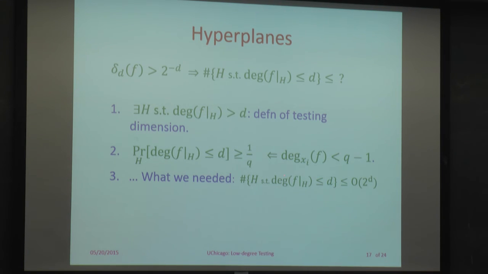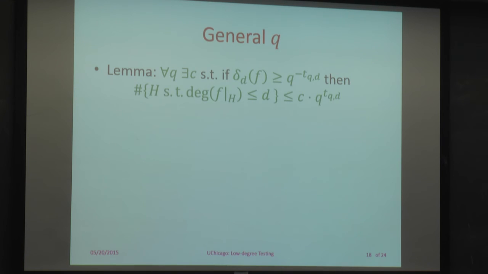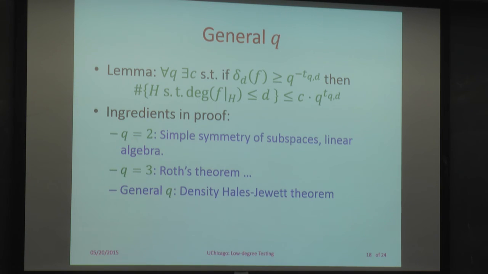When we asked the analogous question, when we looked at field size being not 2 but 3, immediately we could not extend this analysis. We needed Roth's theorem, for those of you who have seen that, and when you wanted to look at general q, it became the Hales-Jewett theorem and so on. But fortunately all of these statements turned out to be true in the sense that we liked, and this is the lemma that we were able to prove.